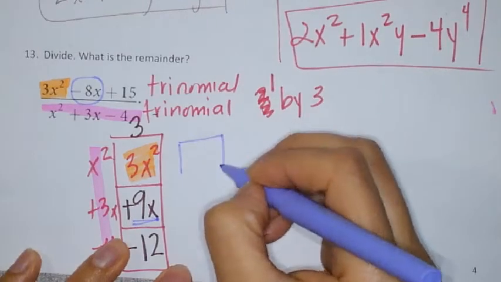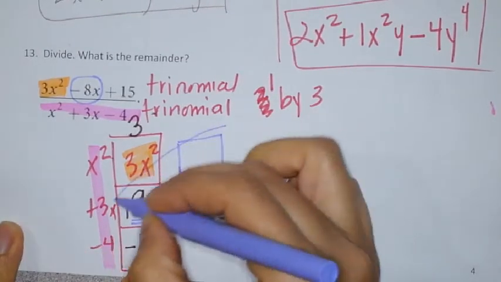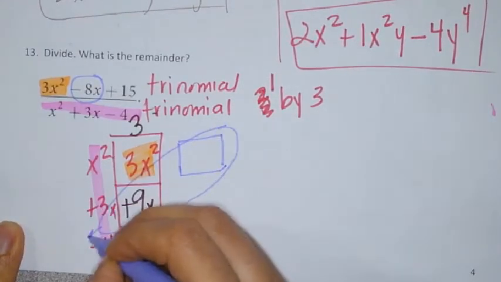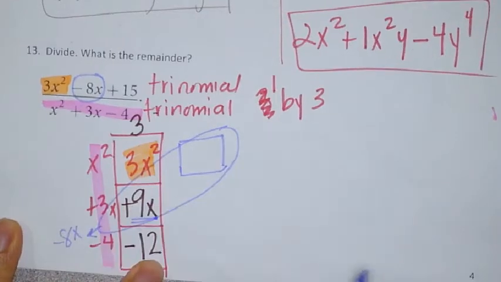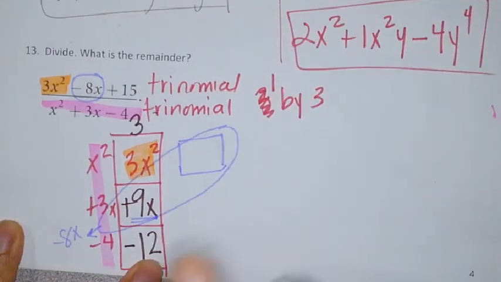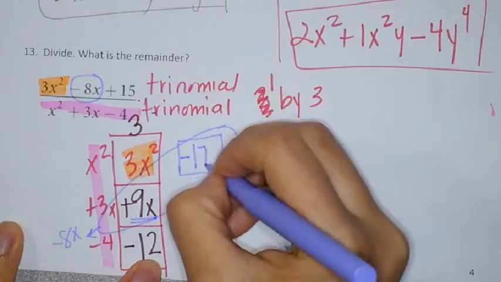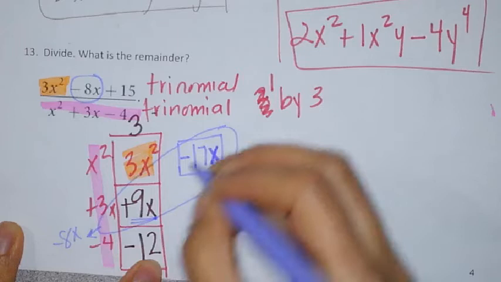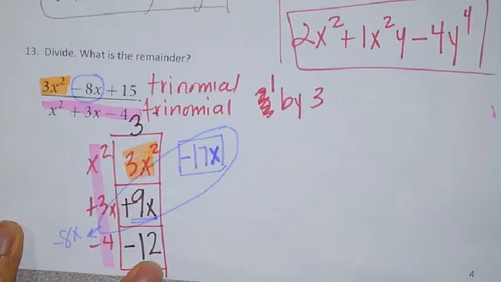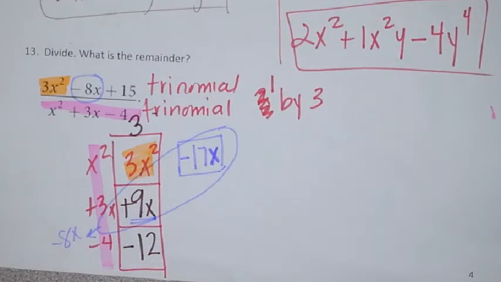I'm going to have a floating box for the x terms. And that has to give me negative 8x. So if I have 9, I'm going to have negative 17x. Don't forget the x, because there are x terms, in order for me to get negative 8. Okay?